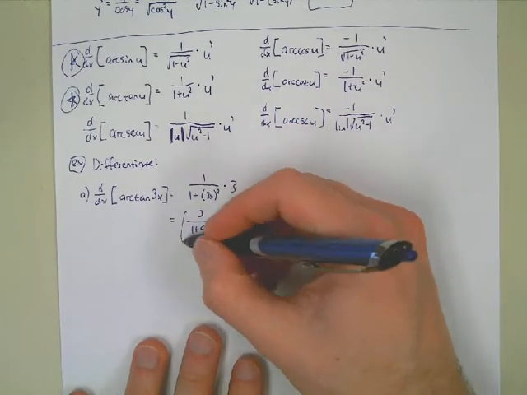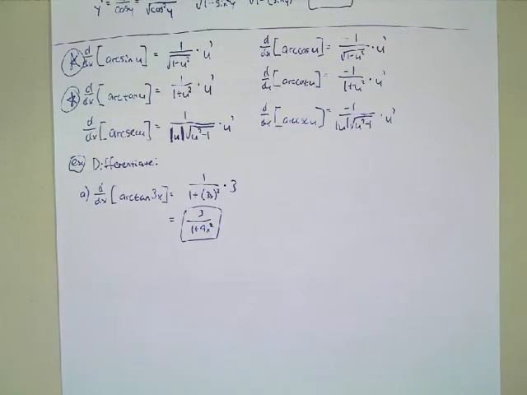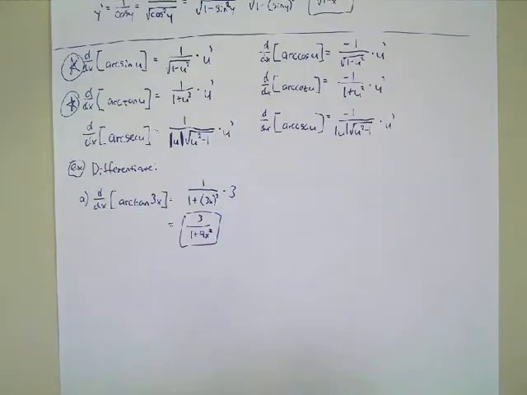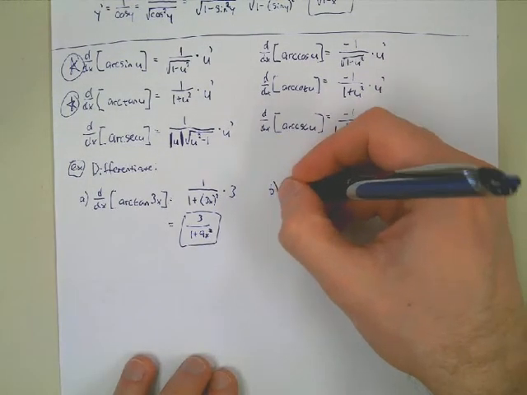All right, let's try another one. B. The derivative with respect to x of arcsine of the square root of x.